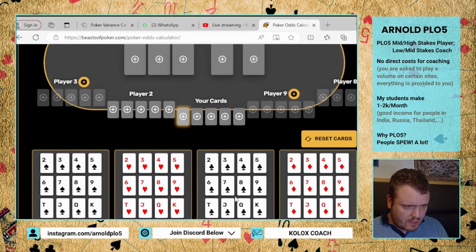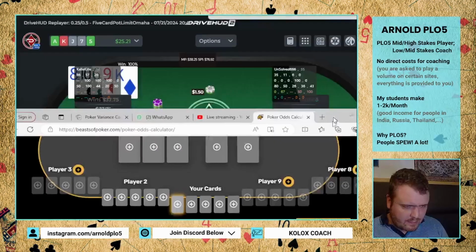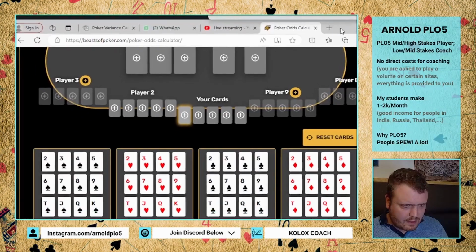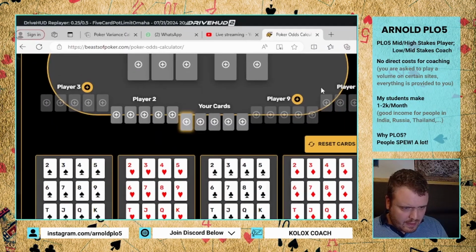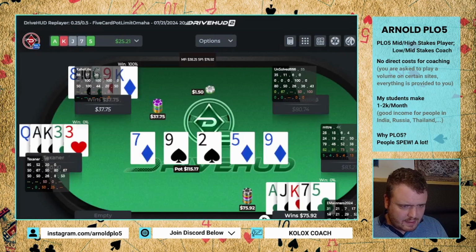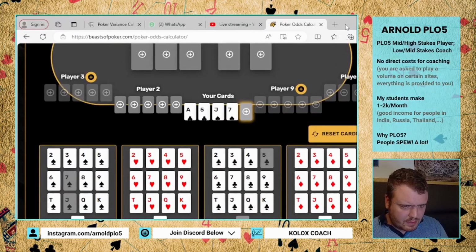Okay, where are the cards? I have ace king jack. So I have ace 5 in clubs. I have jack 7 in spades, and I have a king of hearts.